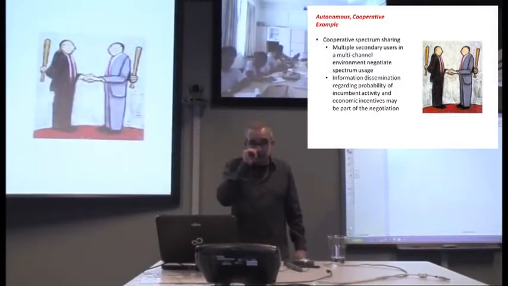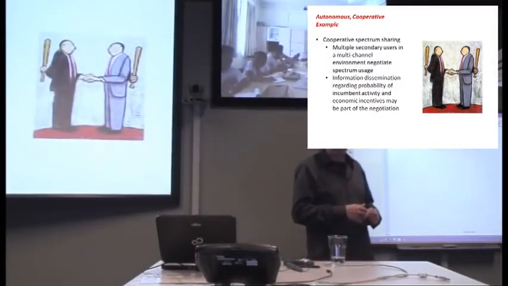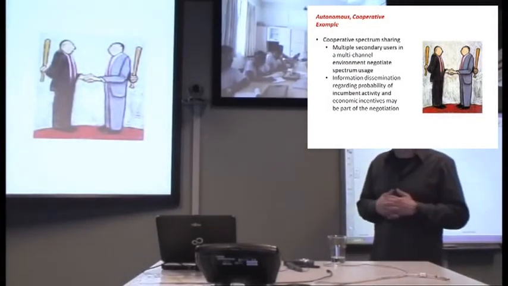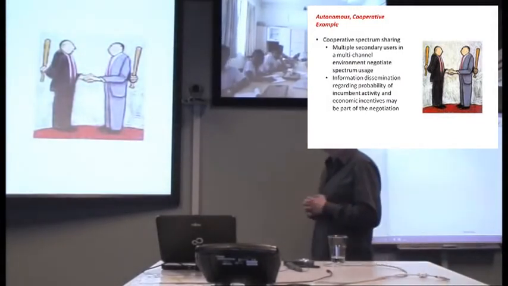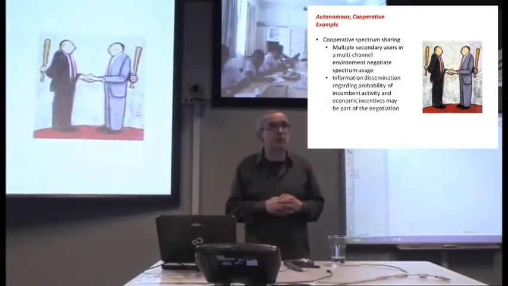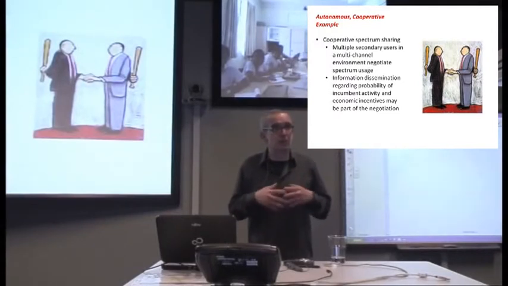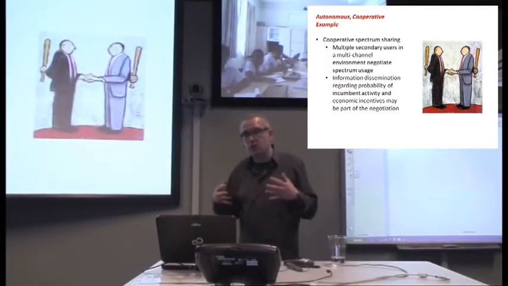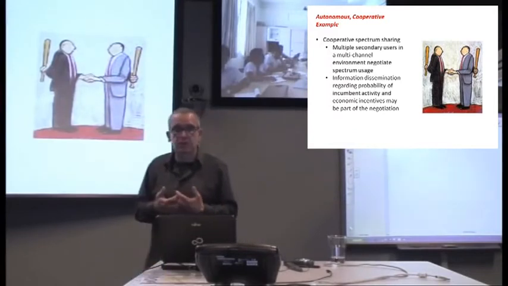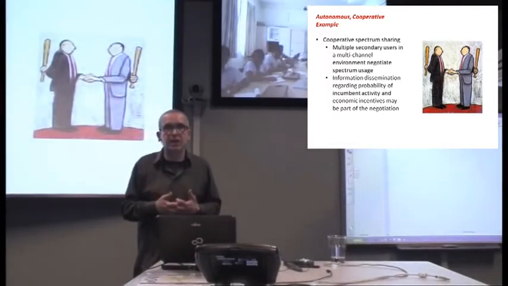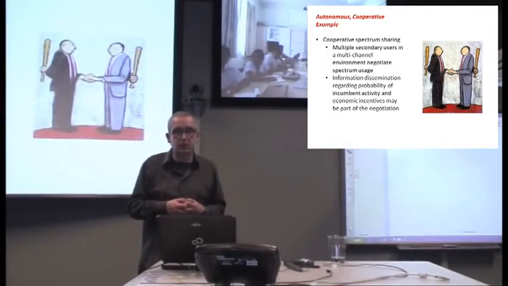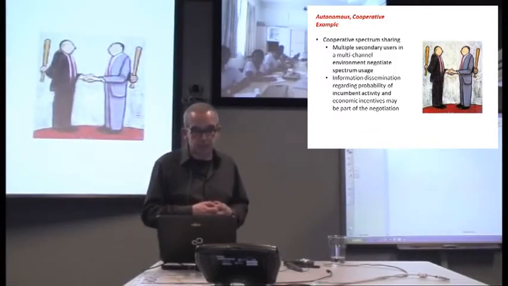And you could also have some sorts of autonomous but cooperative sharing of spectrum. So you might have multiple secondary users that are opportunistically using the spectrum, but they also need to cooperate among themselves to negotiate how to best make use of that available part of the spectrum.